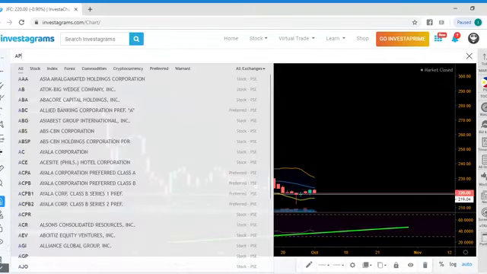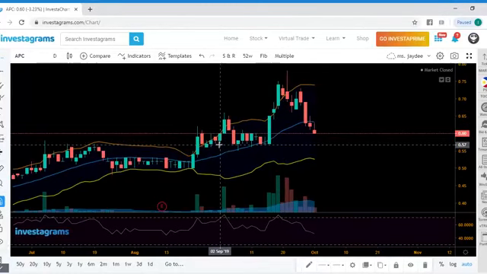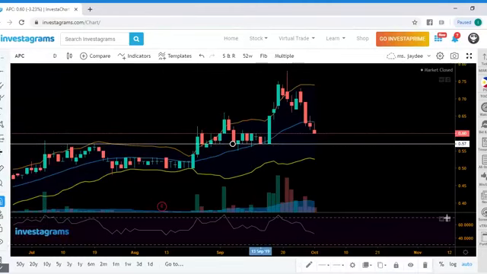APC. For APC, the support here is neatly placed at this area. A very, very obvious sign is that the price lands at this level for several weeks. 1, 2, 3, 4, 5, 6, 7, 8.